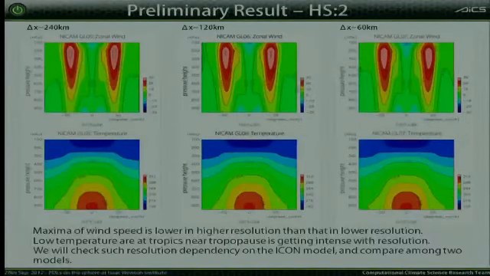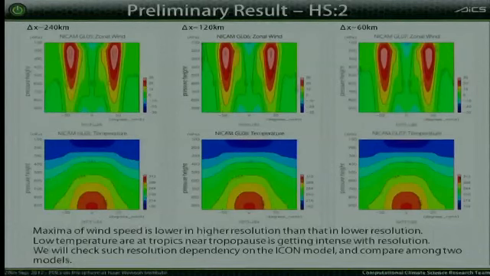This is also a zonal mean figure, but all of them are for NICAM. On the left side is 240 kilometer horizontal resolution, the center is 120 kilometer, and the right side is 60 kilometer. So the horizontal resolution is different. The maximum zonal wind speed is lower at high resolution, and the wind speed is higher at low resolution.